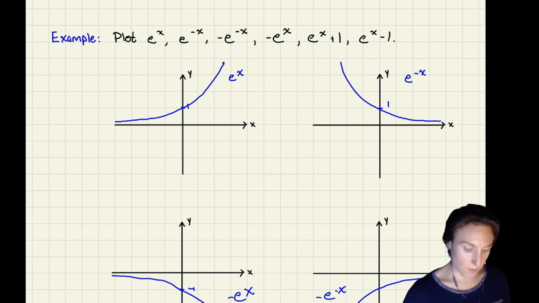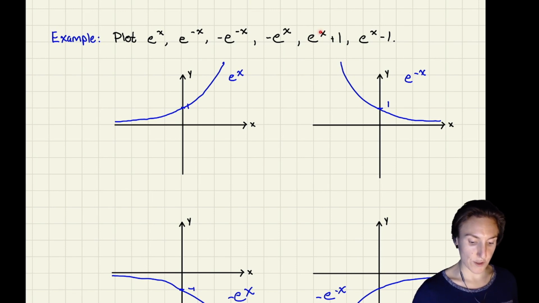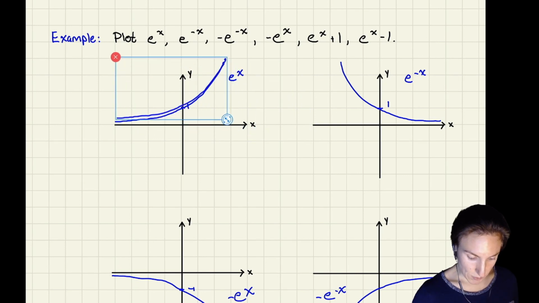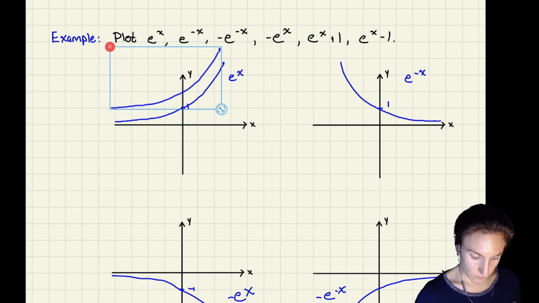If you have these functions shifted by constants, so say we have e to the x plus 1, all that means is that I'm going to take this plot right here, and I'm just going to shift it up by 1. Okay, so let's change this color. We'll say it's red.